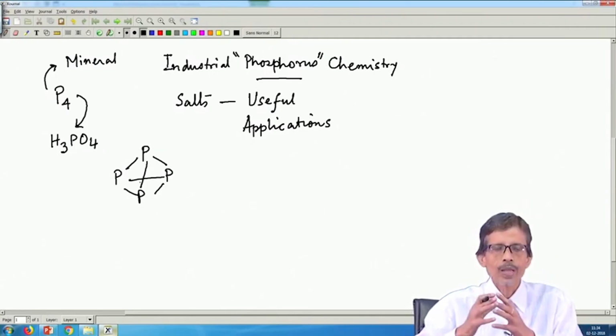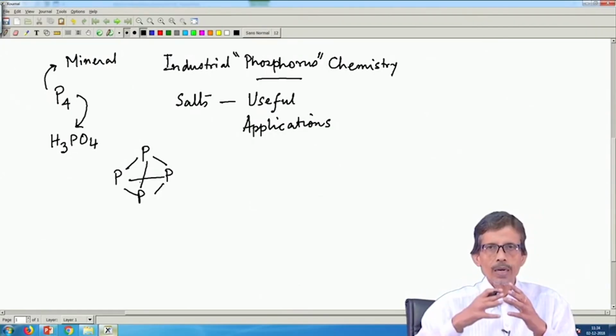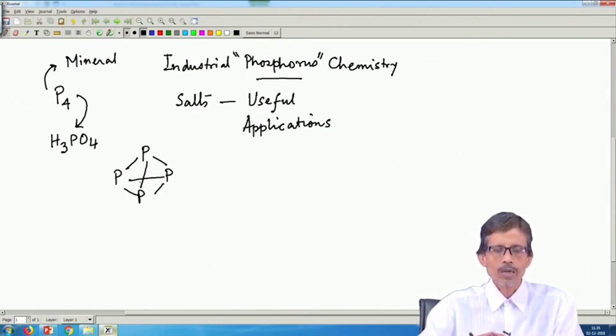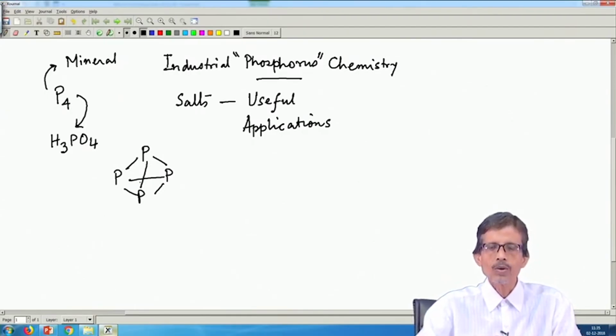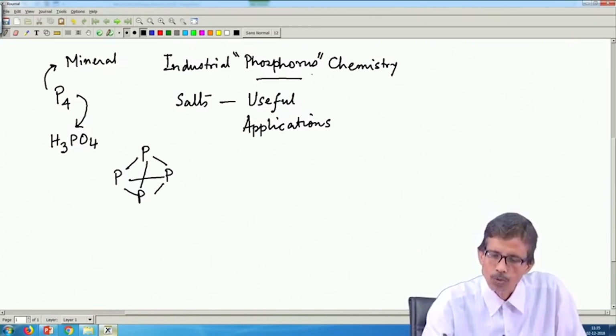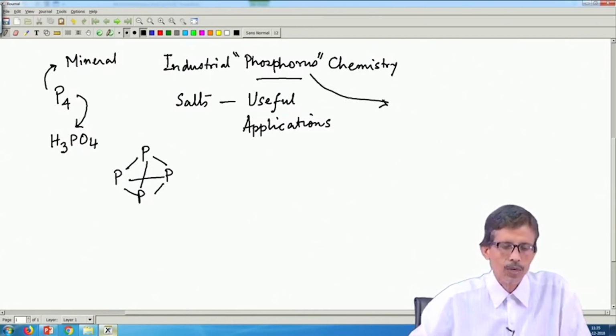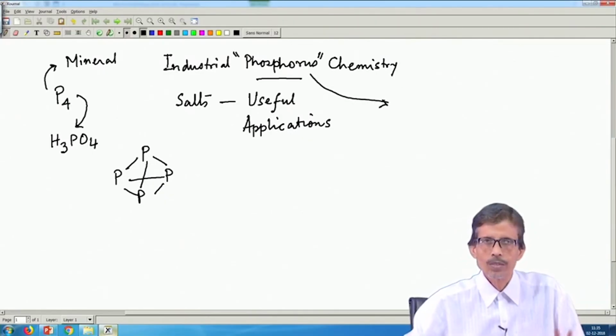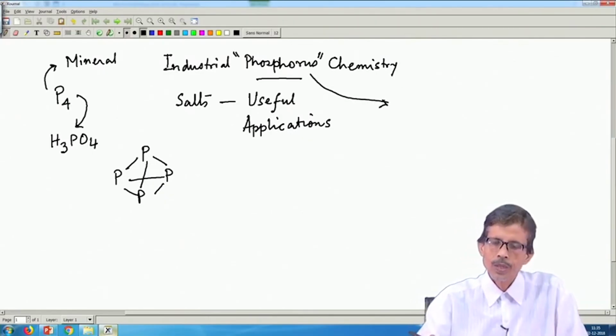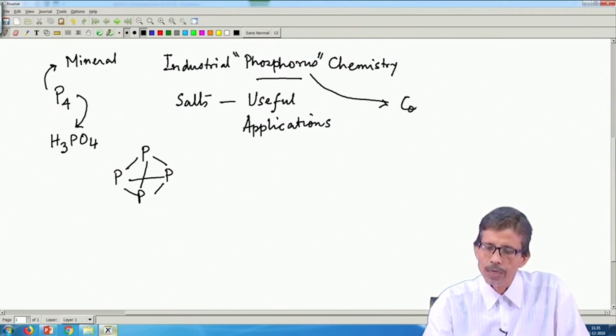If we can get it from a mineral source like apatite, P4 can be converted to other forms useful as phosphorus compounds. So in all these cases, after getting the elemental source of phosphorus or nitrogen, whatever it is, we focus our attention on the different compounds.